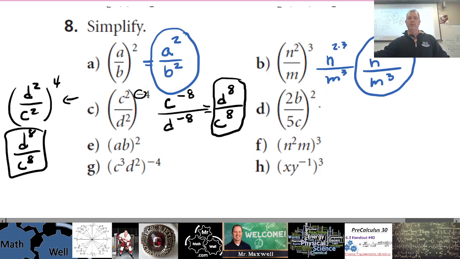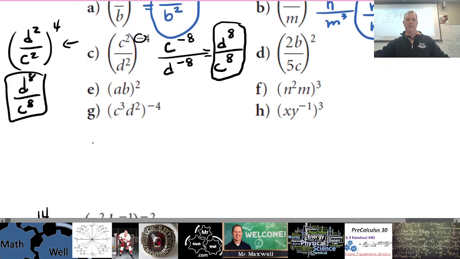Okay, let's do G. You guys got some practice on your own, so let's do G together here. So this one to the power of negative 4, this applies to each factor. So c cubed is a factor, d squared is a factor. So this is going to be c to the negative 12, 4 times 3, and d to the negative 8.